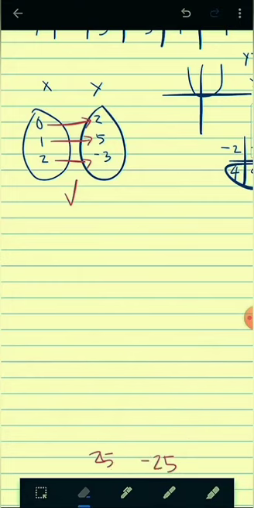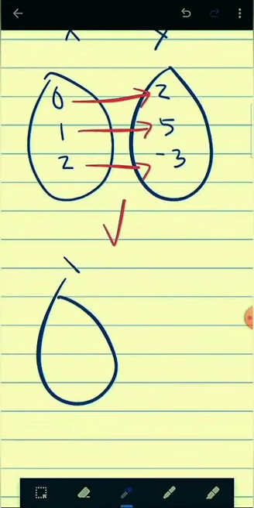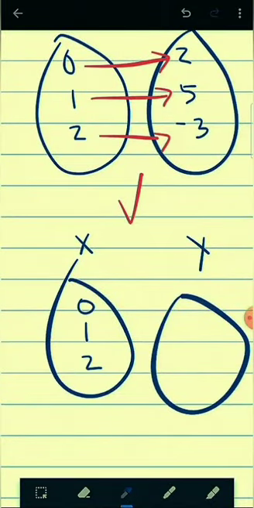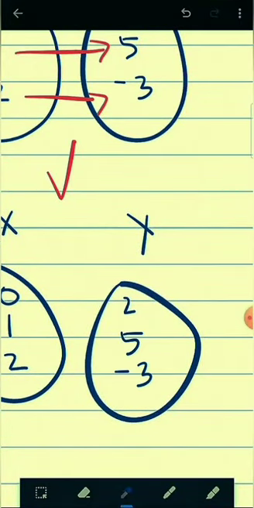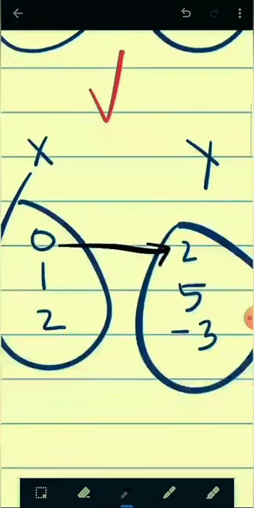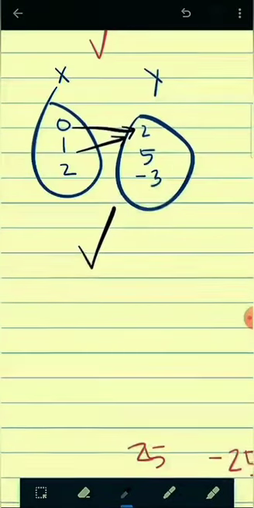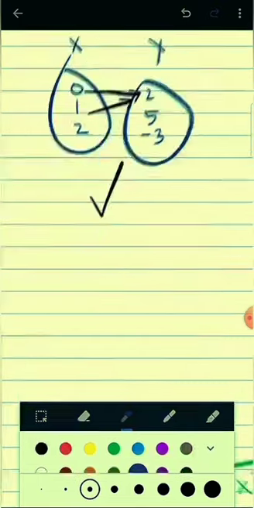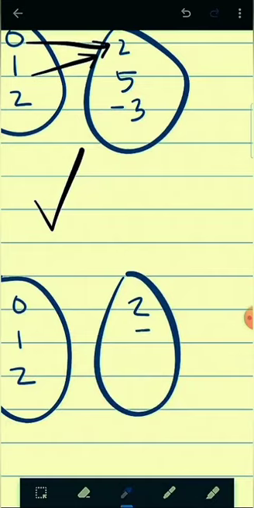On the other hand, if I have this map here, still x and y, with 0, 1, 2 and outputs 2, 5, negative 3, and if I input 0, I get positive 2, and if I input 1, I get positive 2, this is still a function, right?